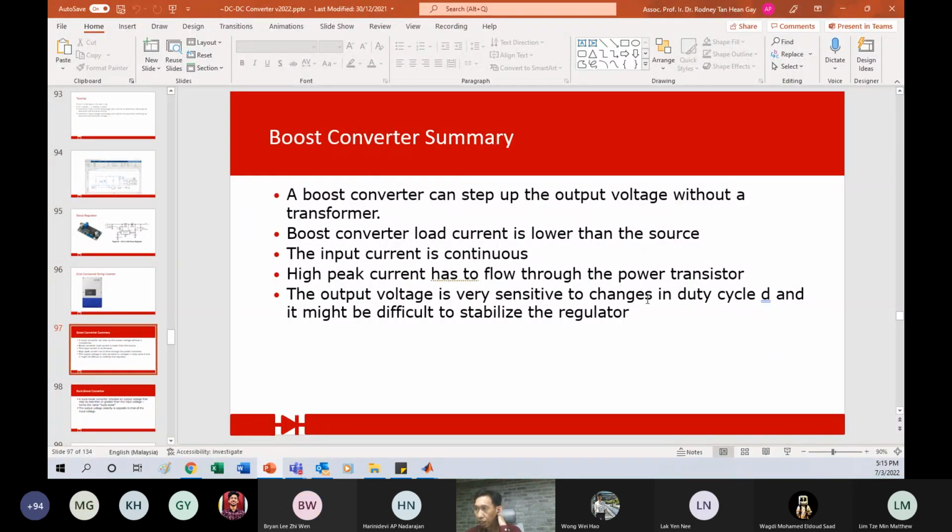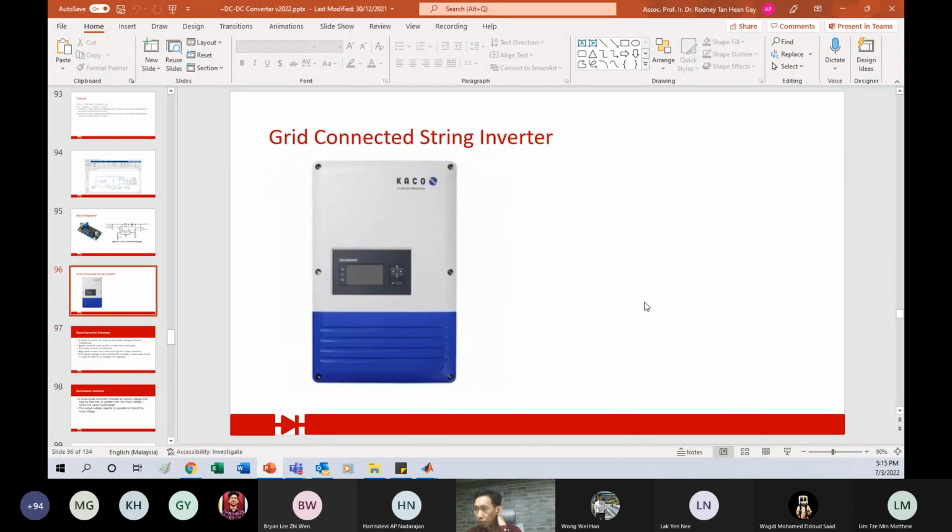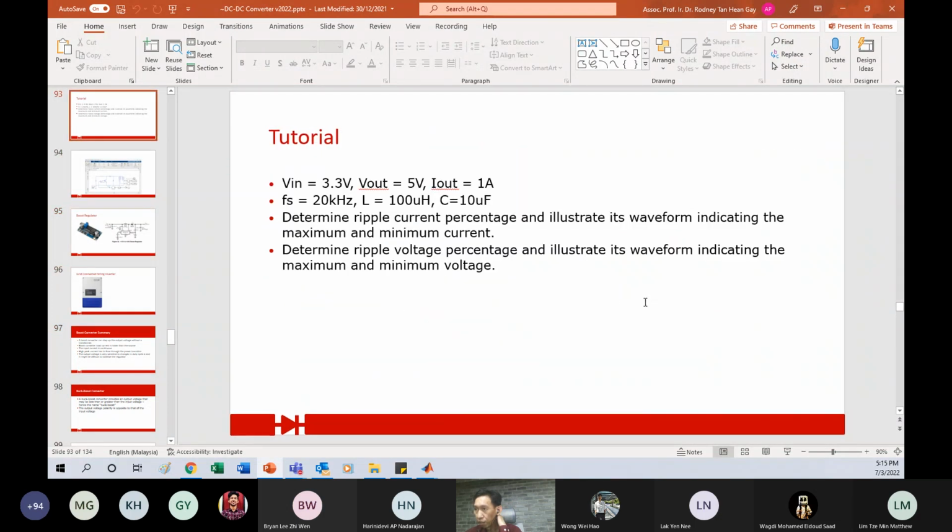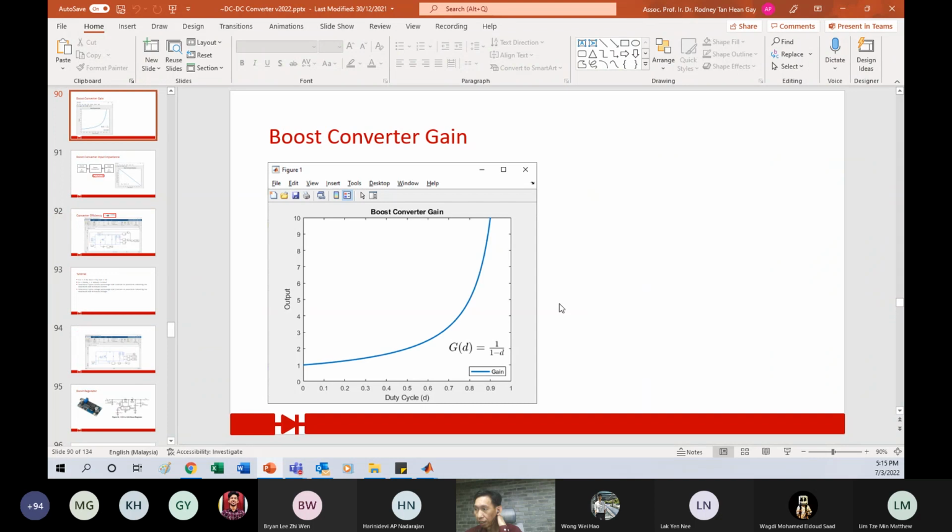Especially up to 75% of the gain here, you can see it goes up very sharply because of the equation 1 over 1 minus D. So it will be much more sensitive, like I said just now, when I go up to 18 watt it could become unstable and I need to retune the PI as I go above and above. Let's say I want to put 100 volt.